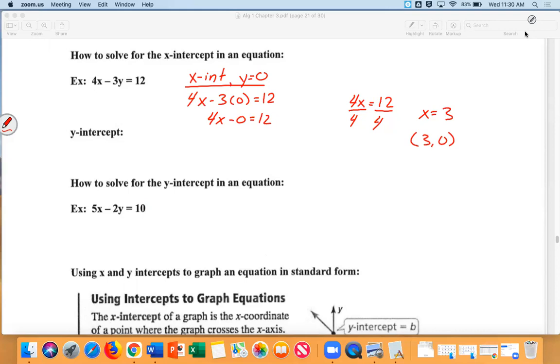All right. Annie, for the y-intercept, we're just going to replace the letter x with y. For the x-intercept, it was the point where the line crossed the x-axis, right? So this is going to be the point where the line crosses the y-axis.